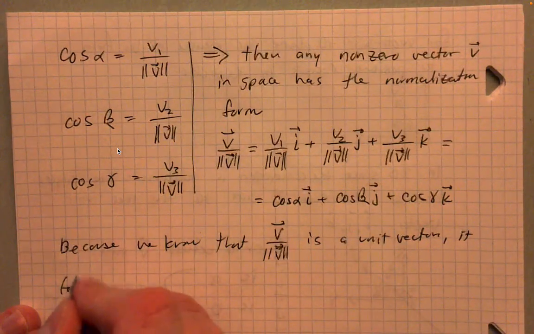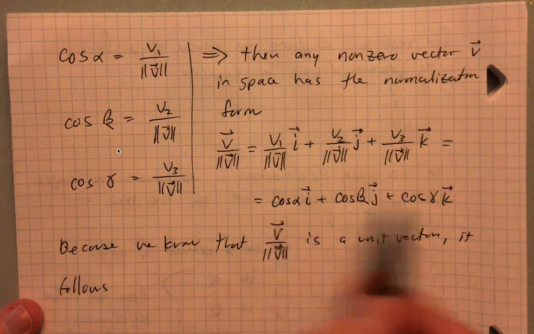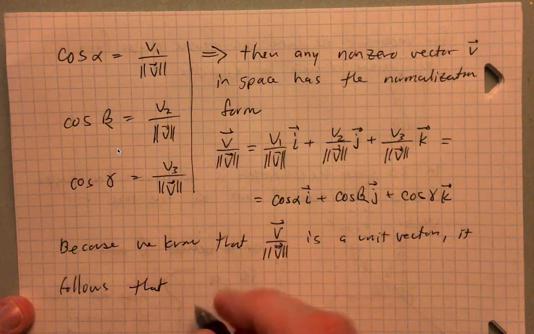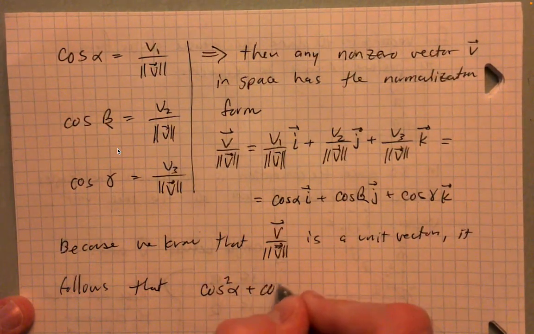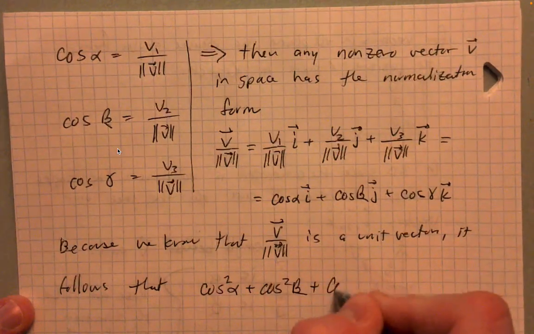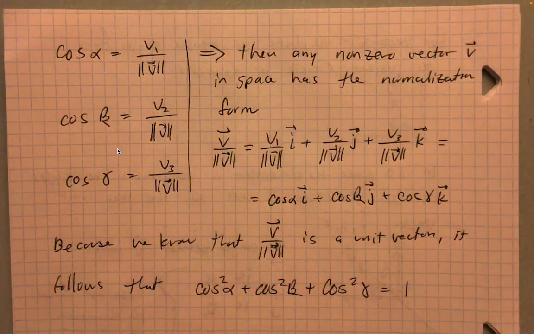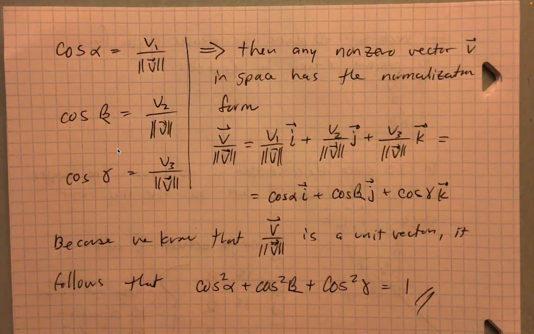It follows that this is going to be a unit vector, which means when we square this whole thing and take the square root, we get the following: cos squared alpha plus cos squared beta plus cos squared gamma equals 1. That's nice, because you can think of that as an extension into 3D space of the Pythagorean identity. Not exactly the same thing, but it very much rhymes.